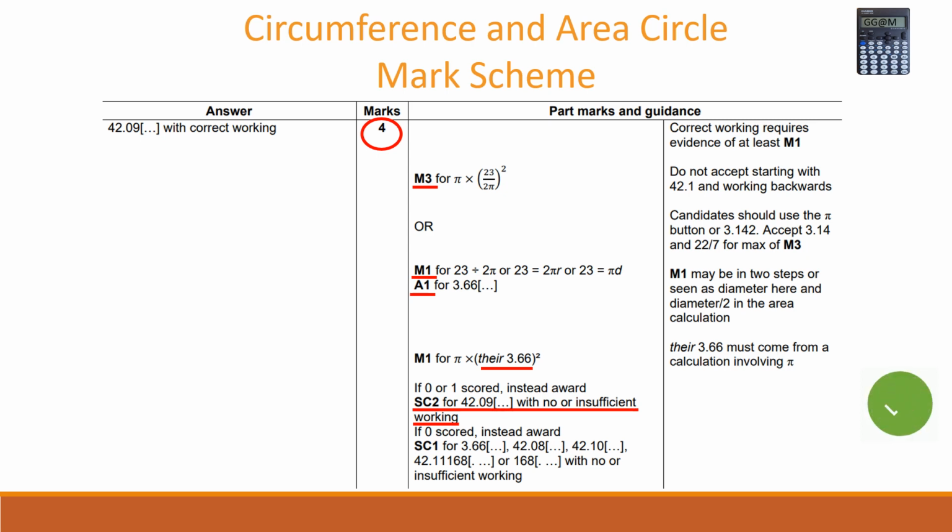SC2 means if you wrote down the number 42.09 with no or insufficient working, you will get 2 marks. SC1 means if you wrote down 3.66 or 42.08 or 42.1 or the other numbers that are given with no or insufficient working, you can get 1 mark for that value there.